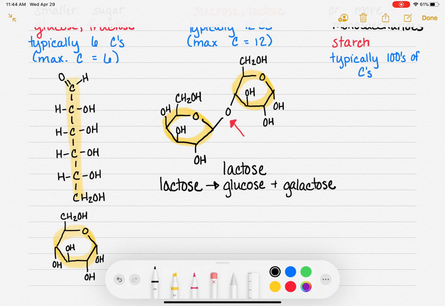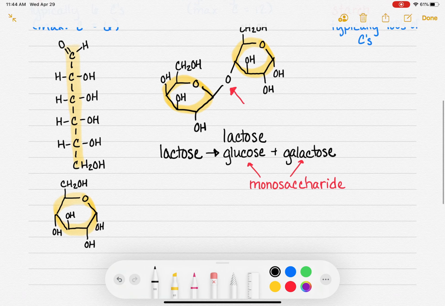So both of these, glucose and galactose, are monosaccharides that our body produces when we digest lactose.